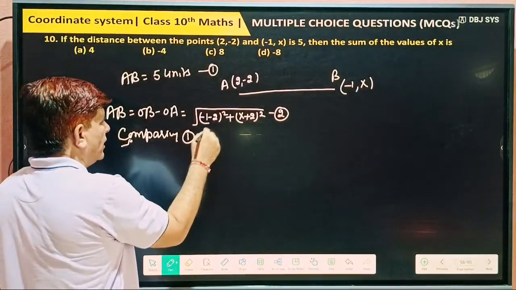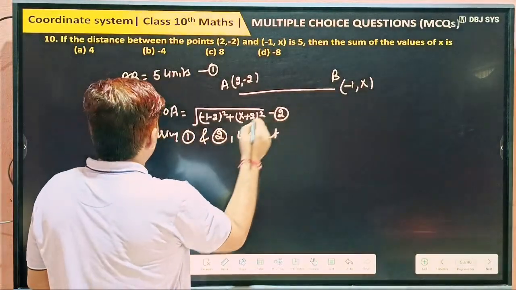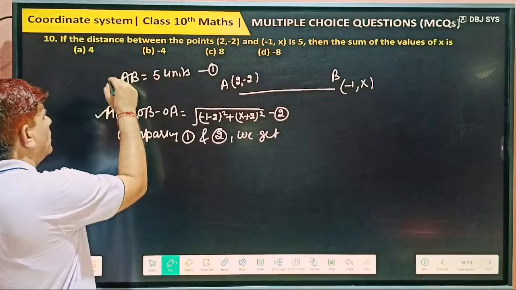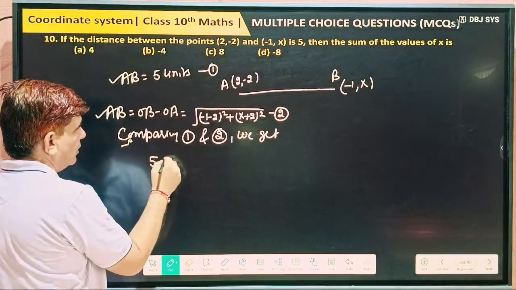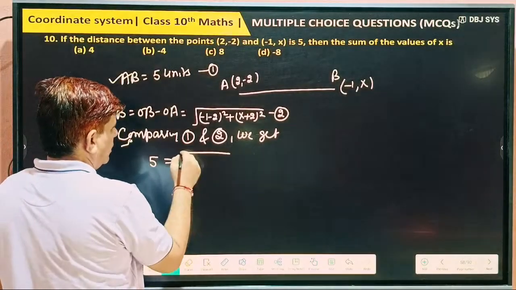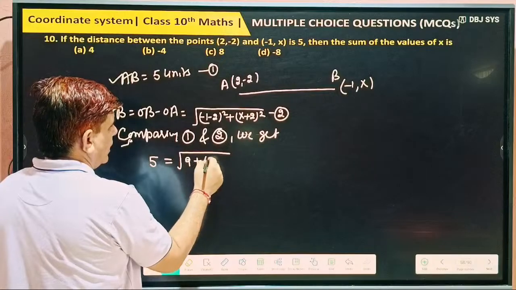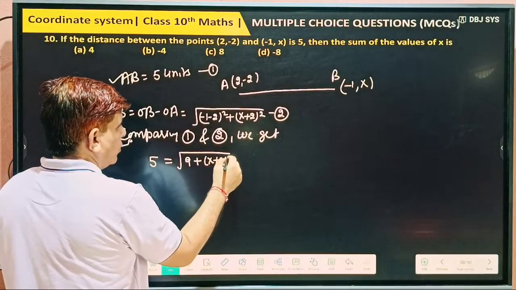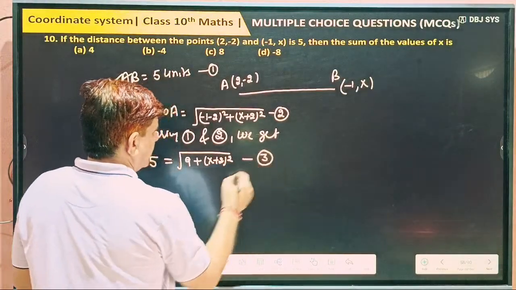Comparing first and second, this is also AB, this is also AB, so the right hand side is also equal. 5 is equal to under the root of 9 plus (x + 2) whole square. This is your number 3.